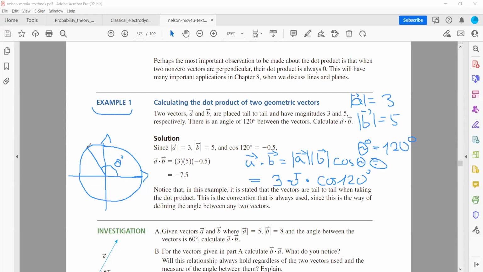And cosine of 120 degrees is equal to -1/2.